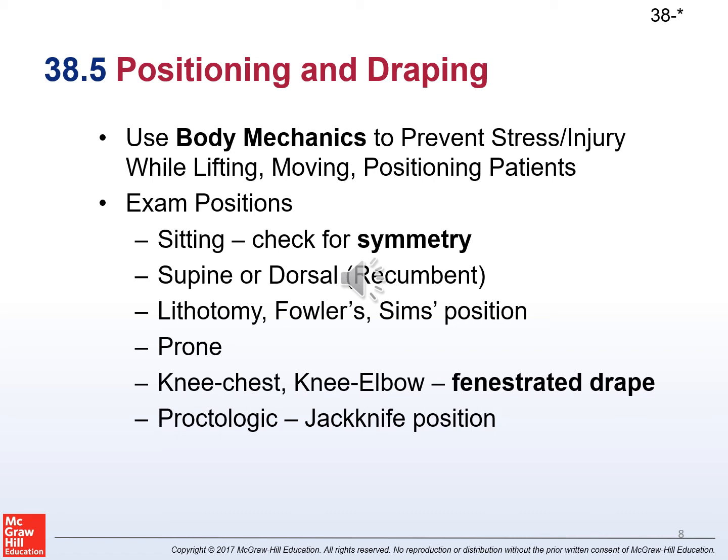Proctologic or jackknife position can be used as an alternative to the Sims or knee to chest position. The patient can assume this position by standing next to the examining table and bending at the waist until the chest rests on the table.